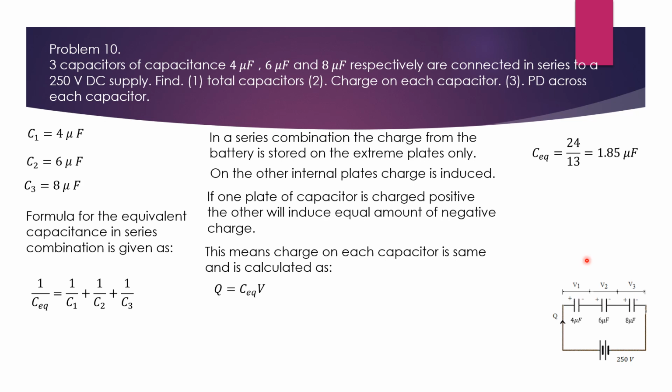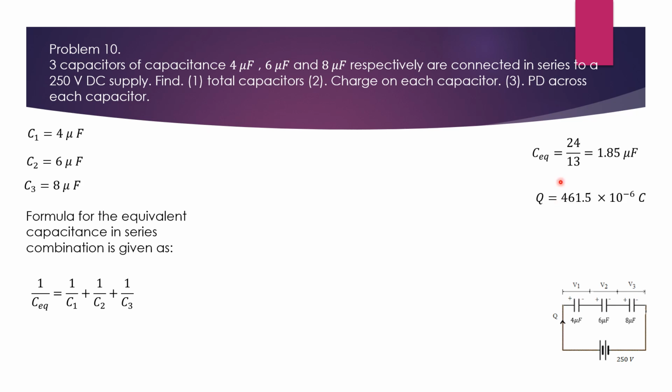So, placing in the values, I am using this 24 over 13 microfarad, 10 power minus 6, into 250 volts, in order to get the best possible value, and that is Q is equal to 461.5 into 10 power minus 6. That means 461.5 microcoulombs.